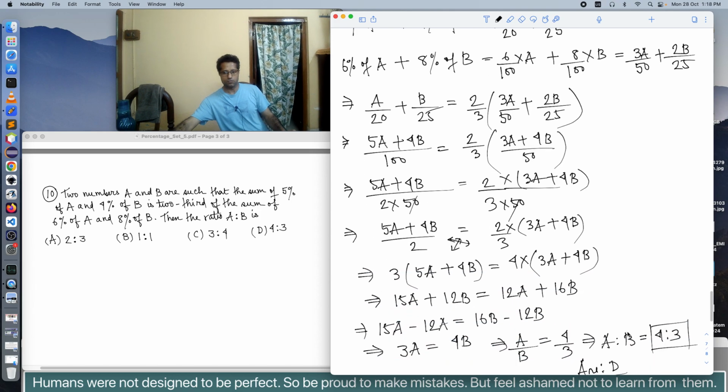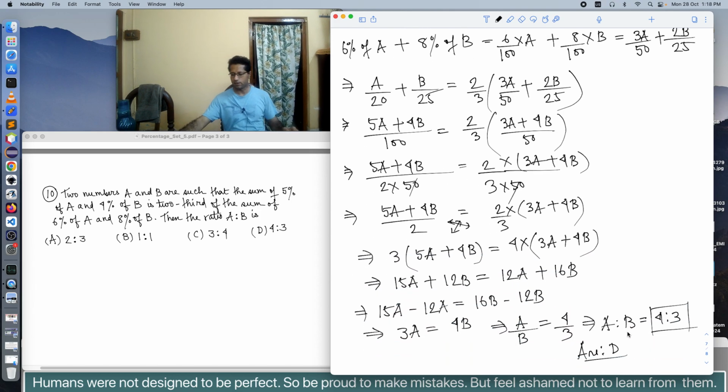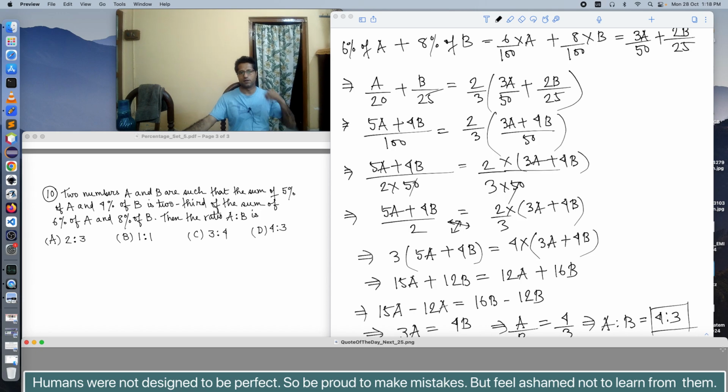Okay, so this brings to an end in solving another 10 good problems of set 5 on the chapter of percentages. I think these 5 sets of 10 good problems are good enough for you to have a good practice on the chapter of percentage that will really evaluate your understanding of the concepts.